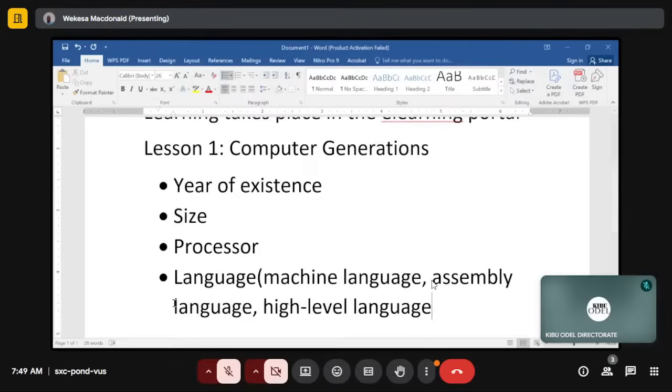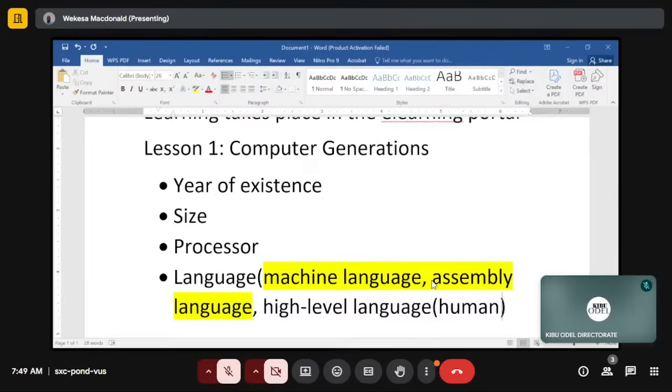Machine language and assembly language, we can call them low level languages. Low level language is the language that a computer understands. Then we have high level language, which humans can understand.